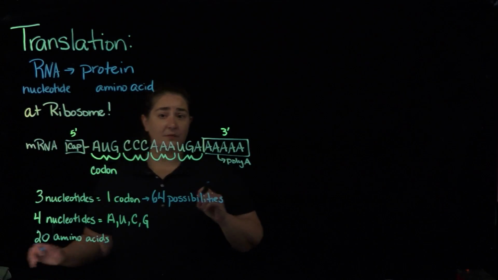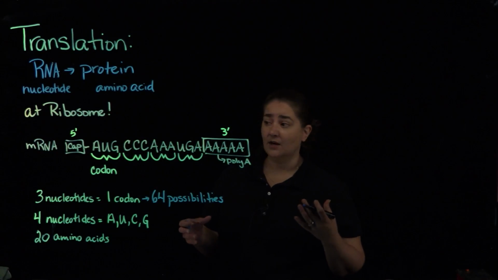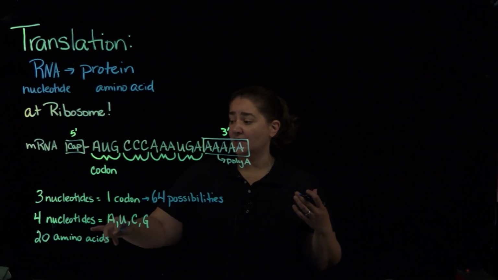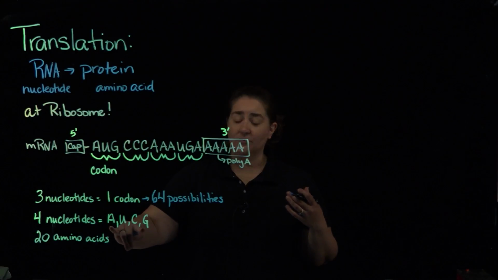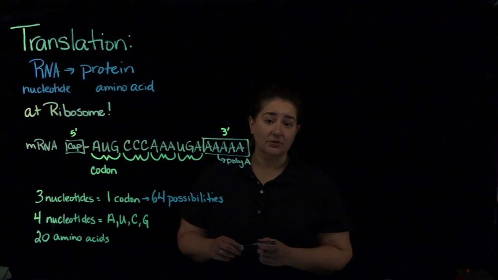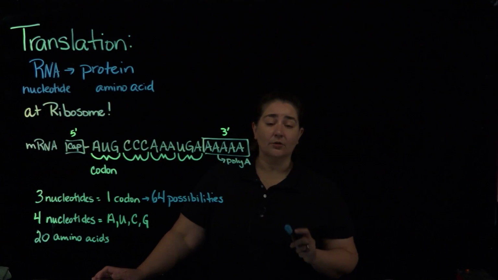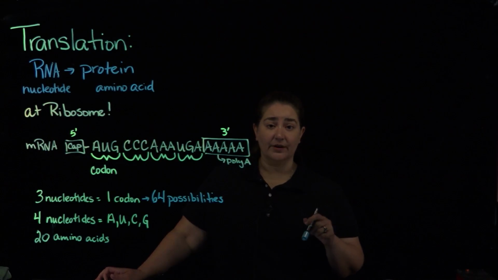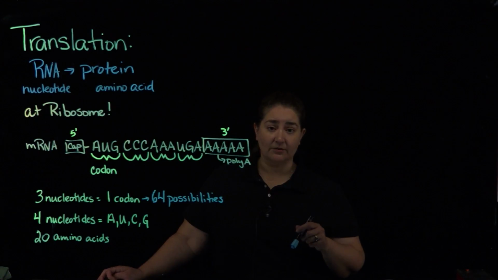So we've got 64 possibilities that can come out of putting 3 nucleotides together. And if you want to go through the mental exercise of trying to come up with all of the combinations of A, U, C, and G in 3-letter combinations, you're welcome to do that. Or you can look in your PowerPoints because there's a table there that already has that information figured out.